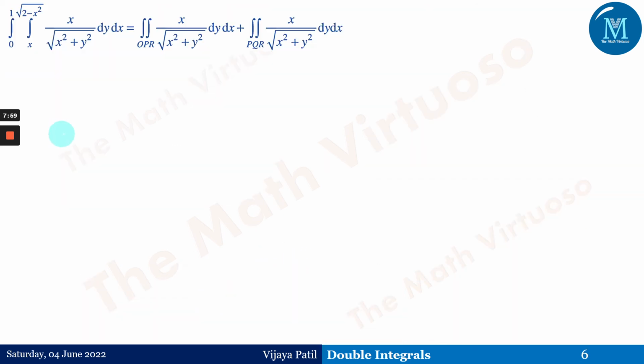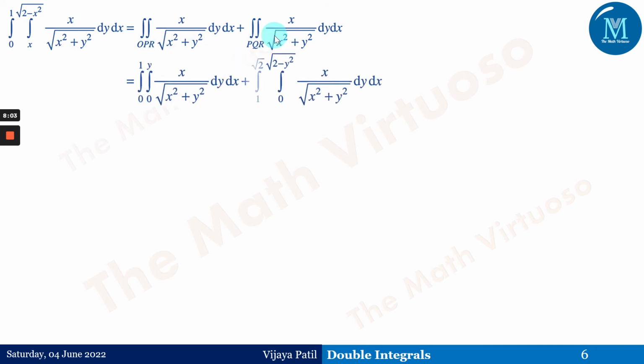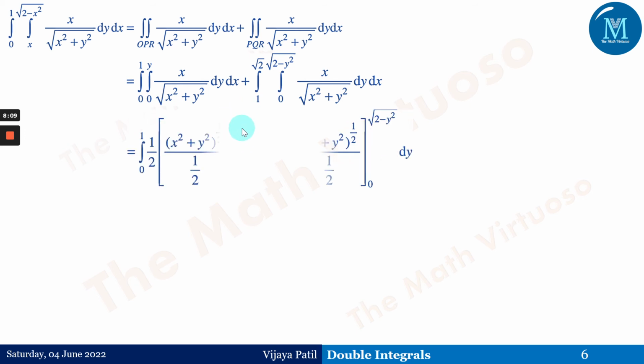Now moving ahead, that means this particular integral is equal to OPR and PQR. What is this? This is nothing but these limits what we have just now seen in the last two slides. Similarly, now we can check that we have to integrate this inner integral for x. If you observe here, the numerator is having the x.